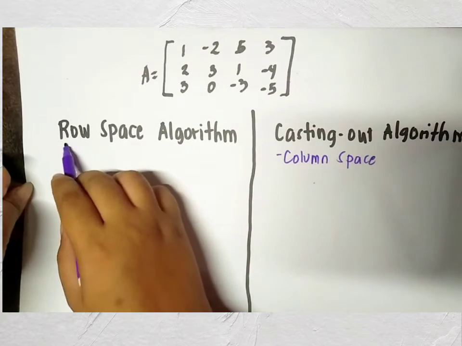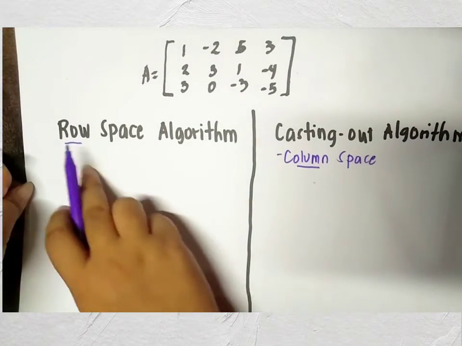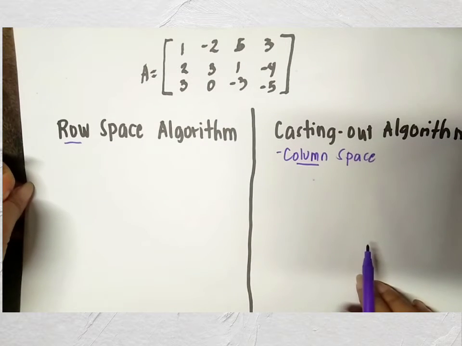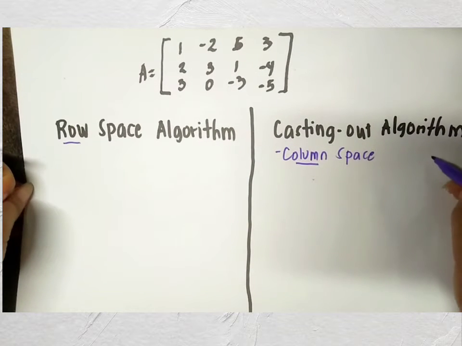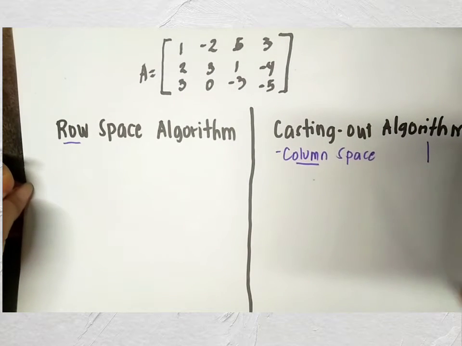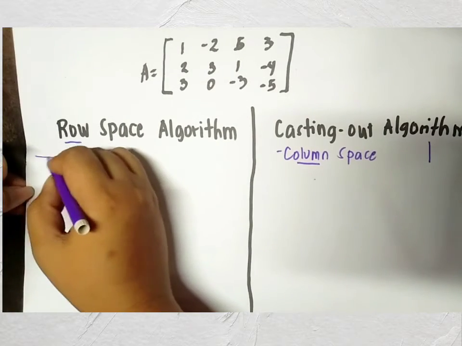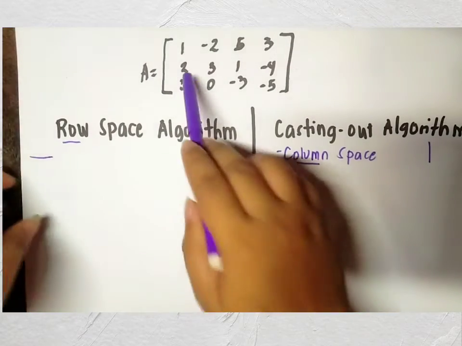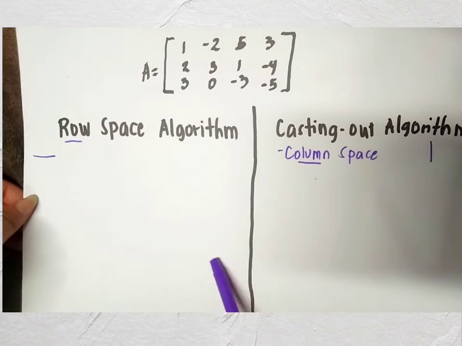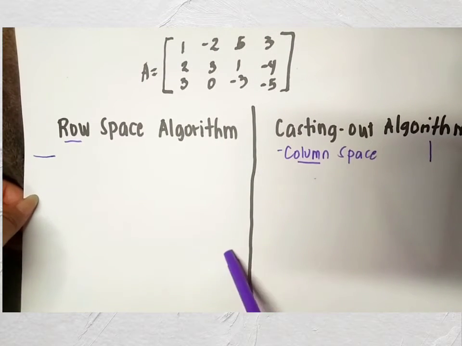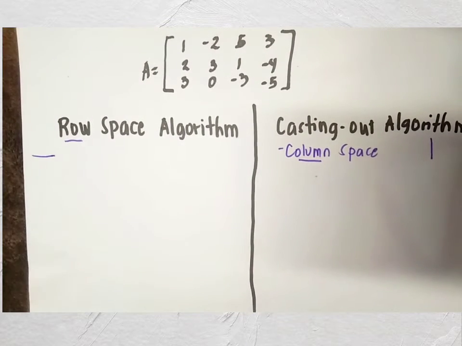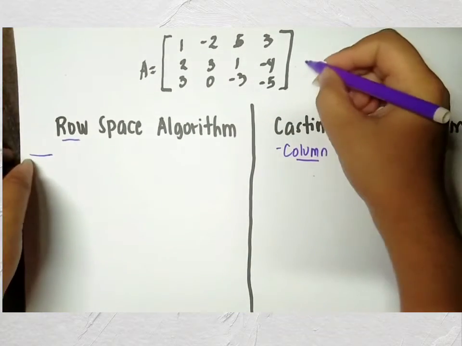For the first word of row and column, we will know the difference. The column is vertical, and the row is horizontal. Using this given, I will use this for the row space and casting out algorithm. So, using echelon form, I came up with this answer.